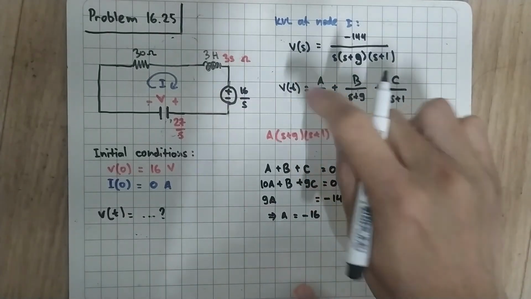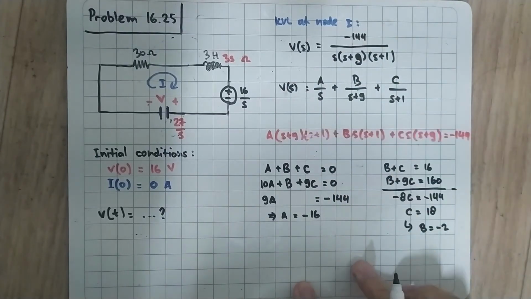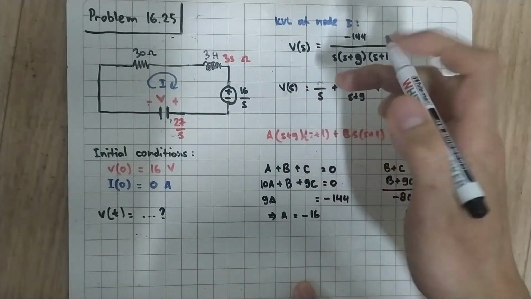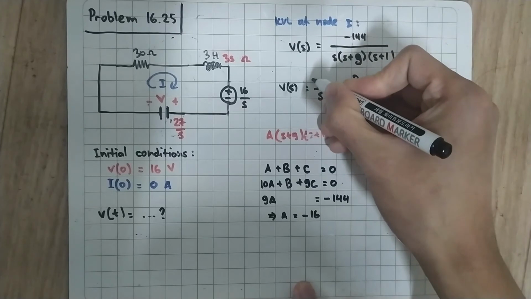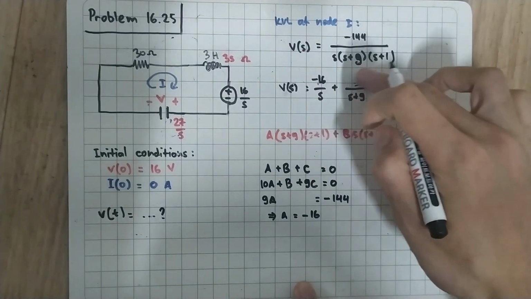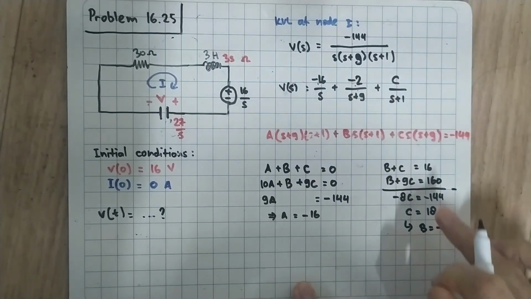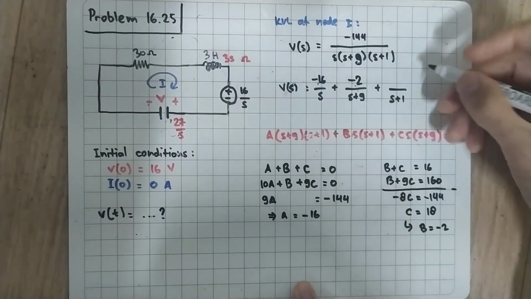So I will have, this is not t, this is s. I will have Vs, which is minus 16 here, and then b is minus 2, and c is 18.